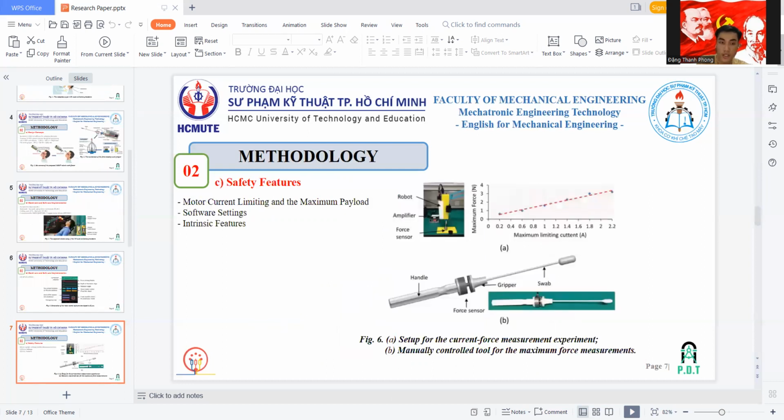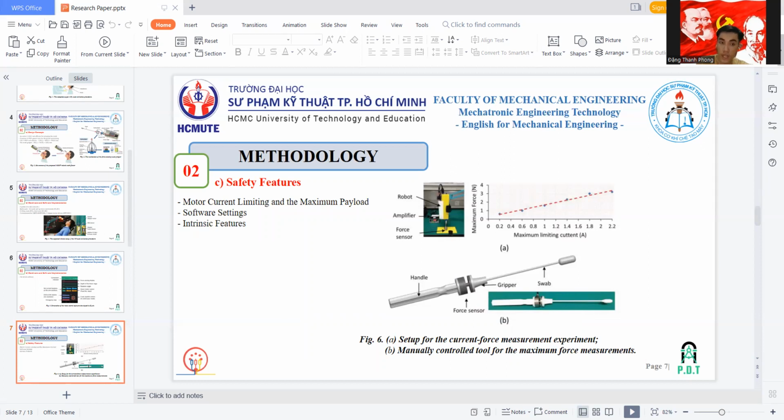Next, C, safety design, motor current limit and the maximum push force. The maximum value of current limit can be adjusted by setting the reference pin, and the motor maximum torque is proportional to ampere turn. The fixture limits the maximum pushable force when the swab is in contact with the patient.